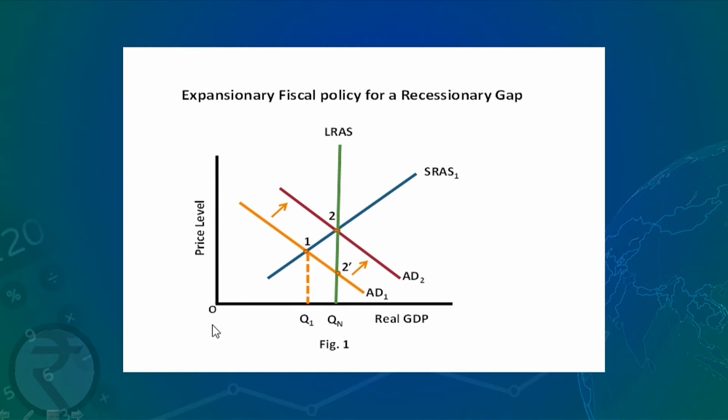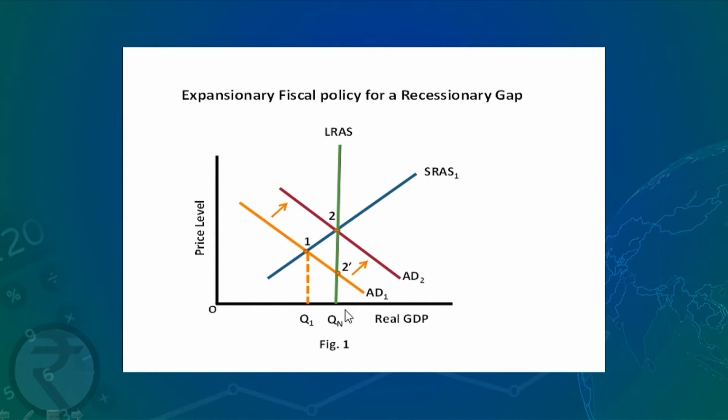In figure 1, we have taken real gross domestic product on the x axis and price level on the y axis. First, the aggregate demand curve is AD1 and the short run aggregate supply curve SRAS1 is there. Both demand and supply intersect at point 1. So, this is the point of equilibrium where the real GDP is OQ1.